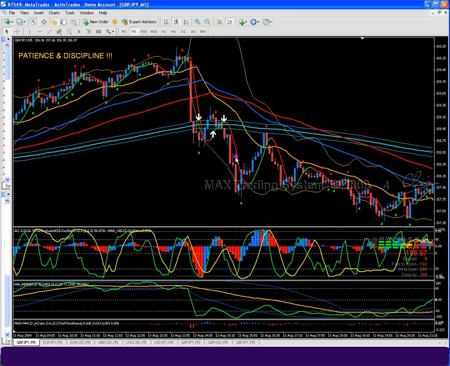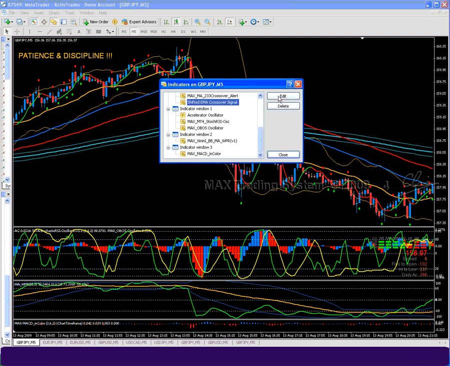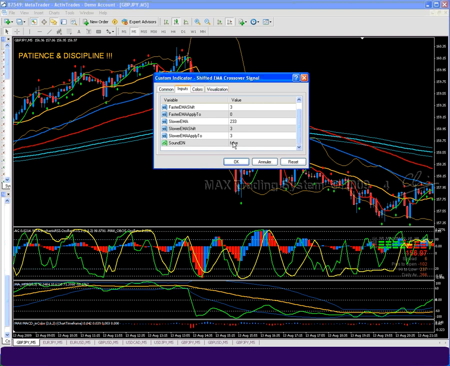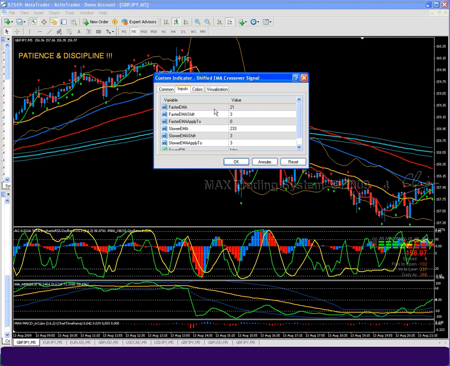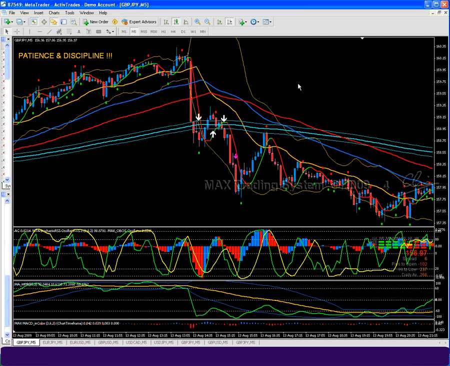With this indicator, you have also the possibility to have a sound alert by setting its parameter value to true. And don't change the parameters of this indicator. They are set up exactly to have the arrow when the mo line crosses down or up the home base line.